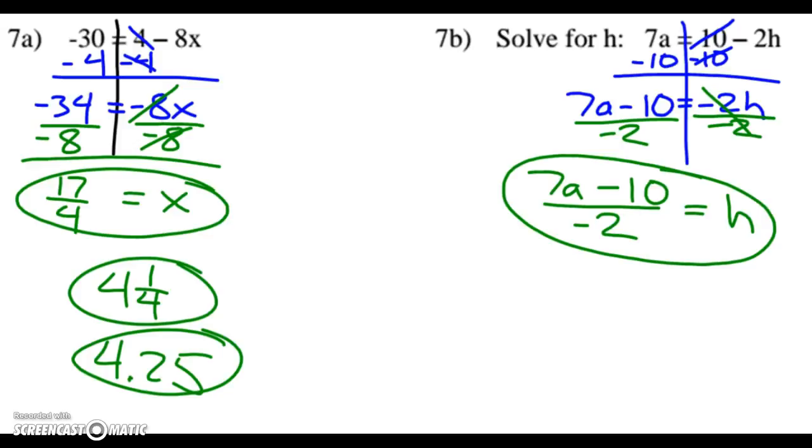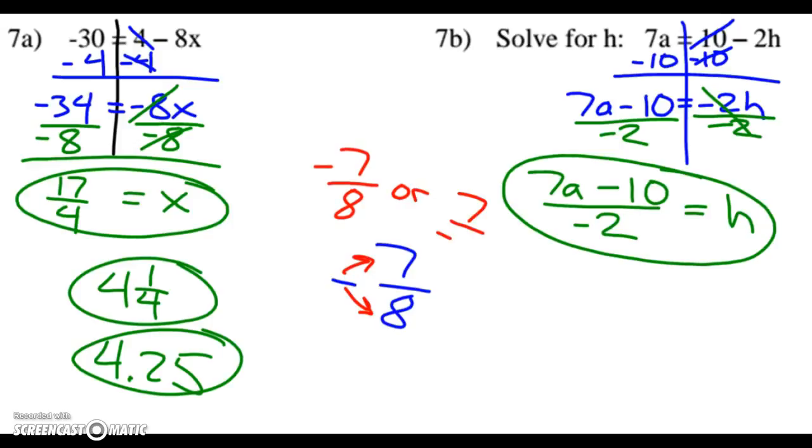So if you end up having a negative in the denominator, just remember, if you think of any fraction, so let's take like 7/8. Remember that if it's negative 7/8, that negative can either go with the 7 or it could go with the 8. So I could write this as negative 7 over 8 or 7 over negative 8.